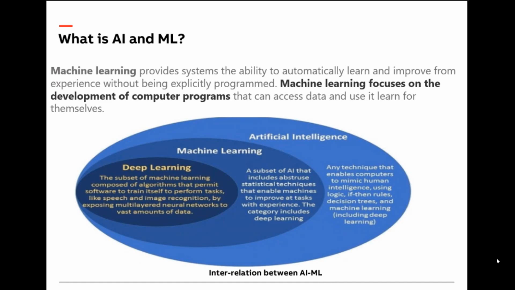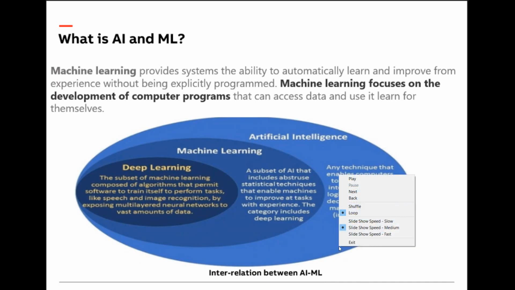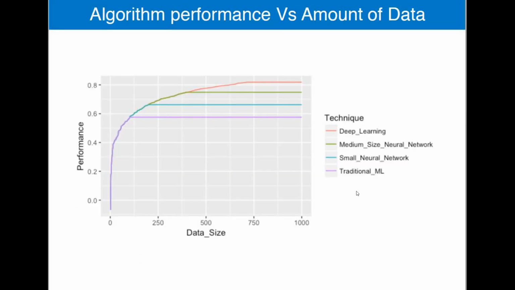So if you go to the next slide, this slide is a graph between the data size and the model performance. If you see this red graph which is on the top, it's the deep learning graph.